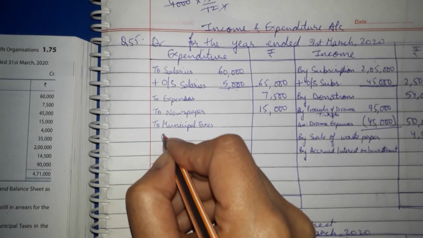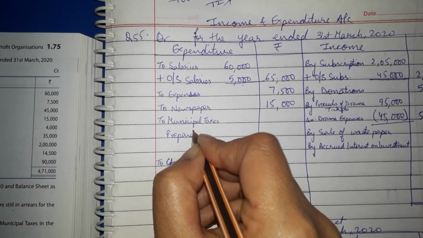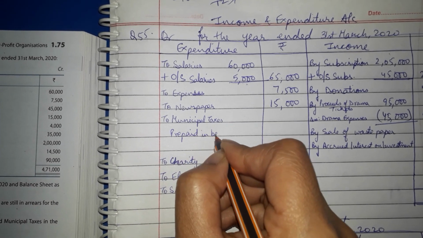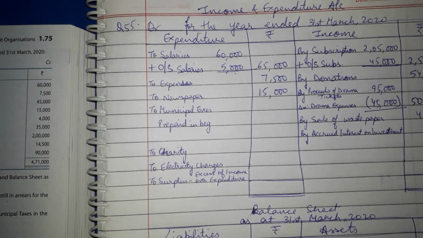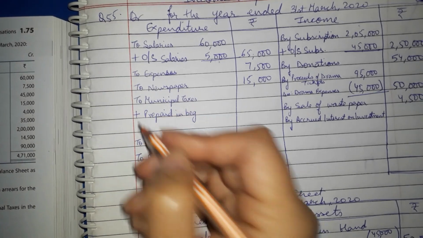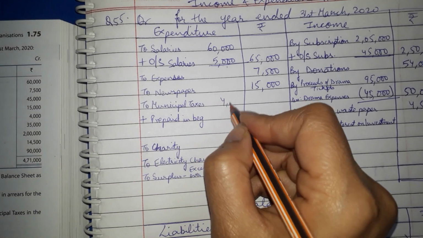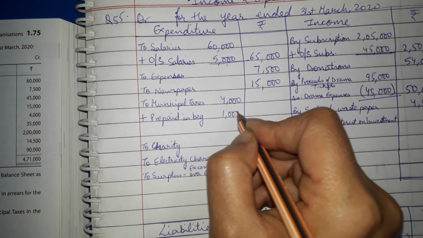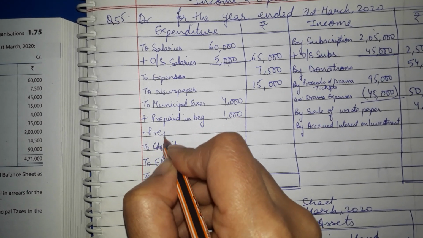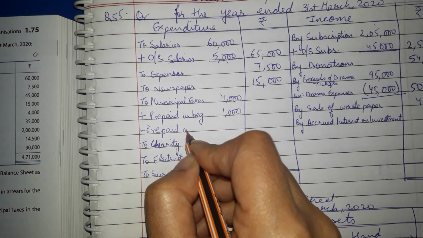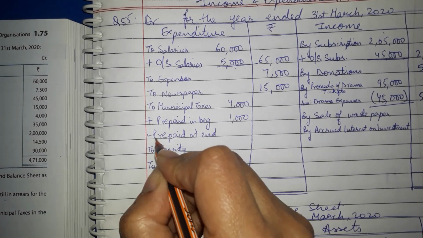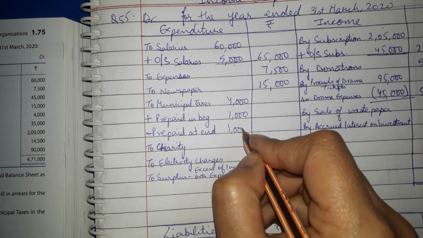So prepaid in beginning belongs to the current year, so this needs to be added, while prepaid at end does not belong to the current year, it belongs to the next year. So this needs to be subtracted.